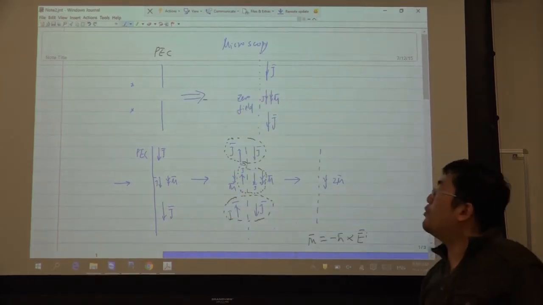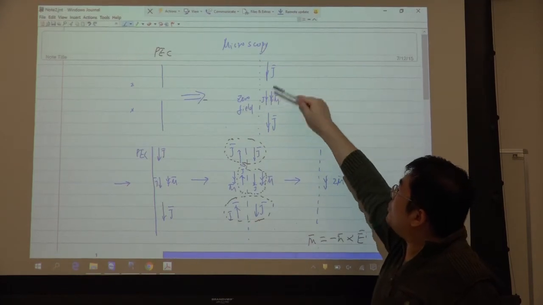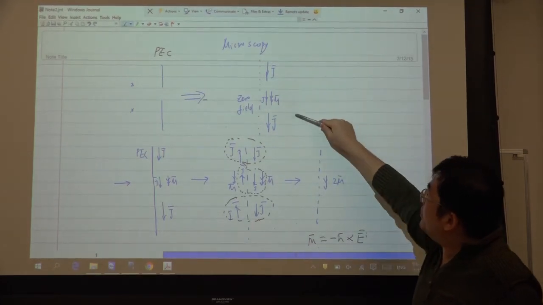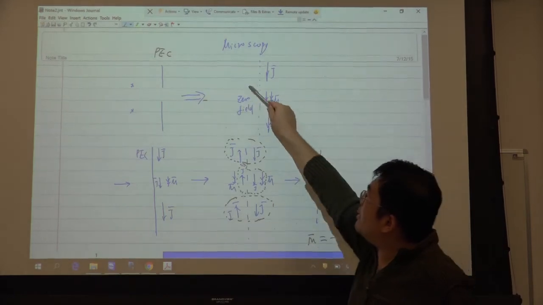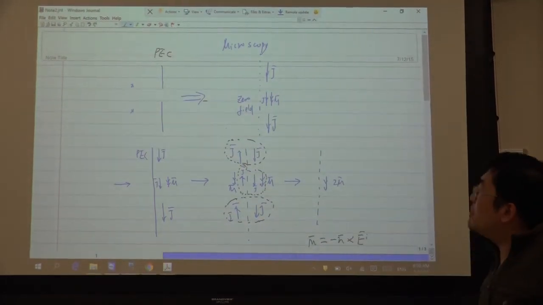This is the equivalence principle. I use J and M to produce the correct total field in front of the screen and zero field behind the screen.